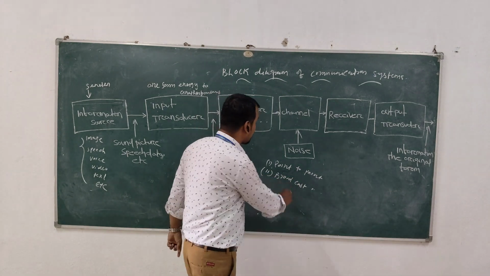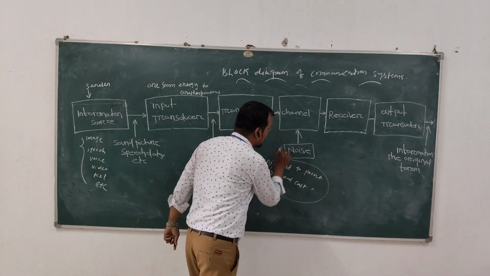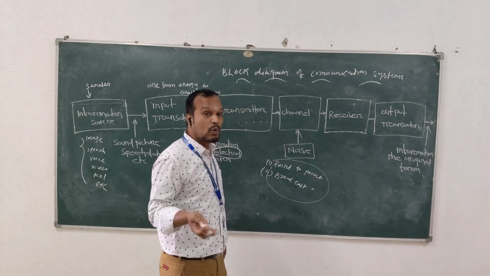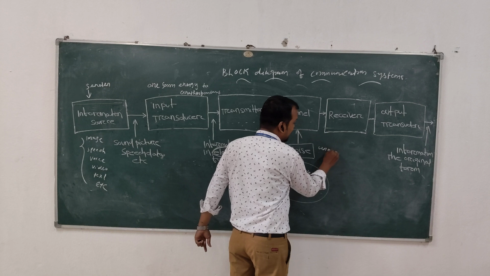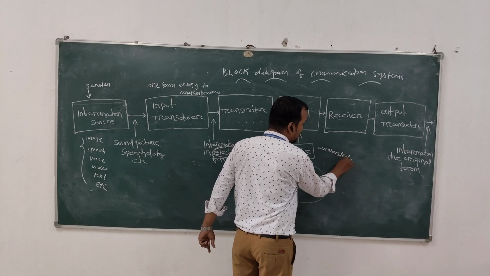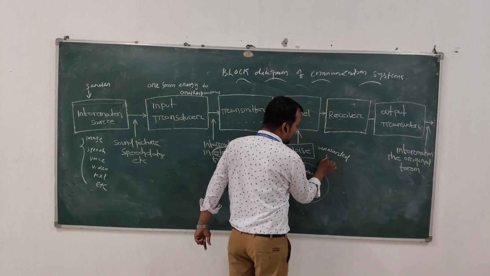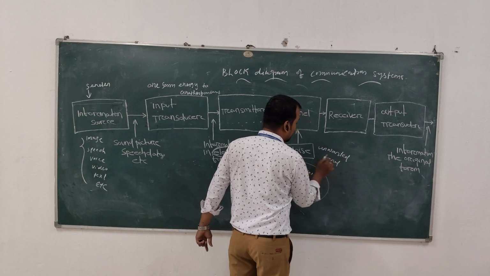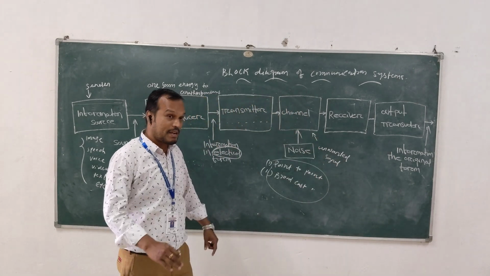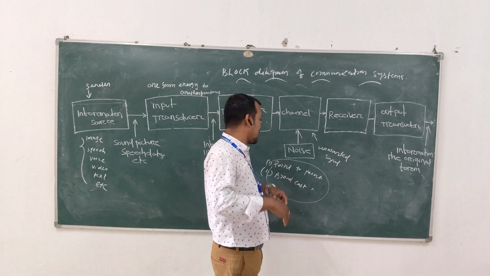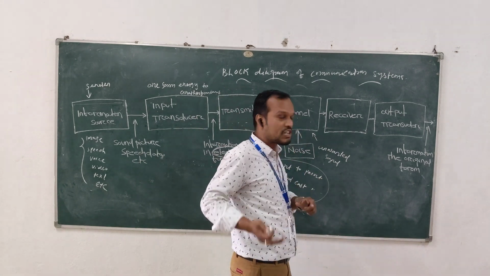But during the transmission of the information through the channel, there may be a chance of introducing noise, which is nothing but an unwanted signal. As we know in electronics and communication, unwanted signal or information may be added in the communication channel, and due to this noise the communication system may be disturbed.